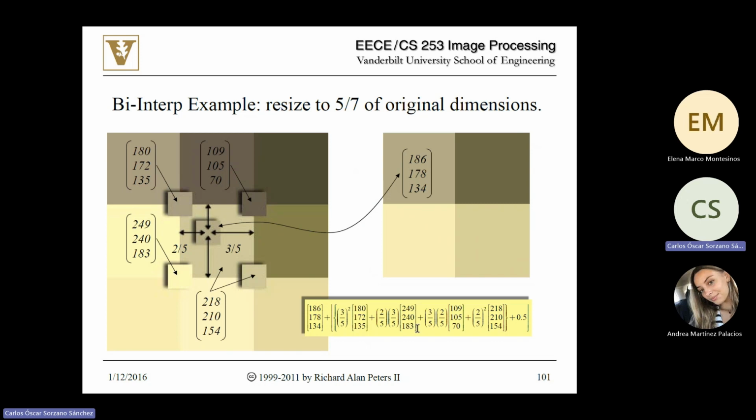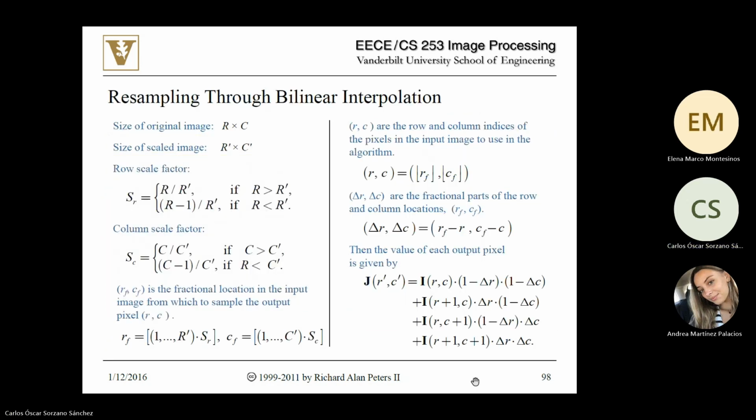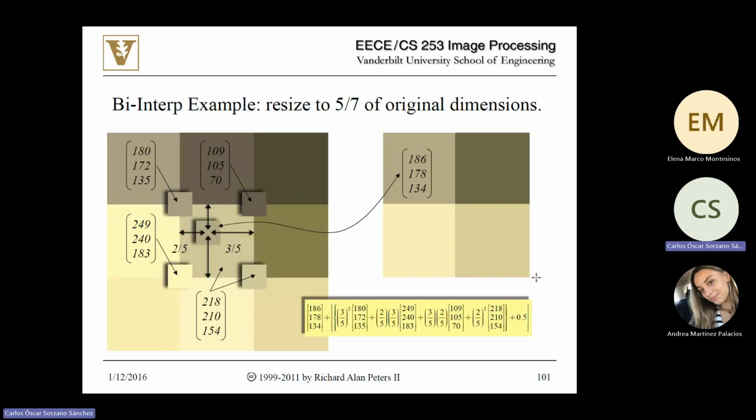So the value at that point would be, remember the formula: 1 minus delta R, 1 minus delta C. That means that you have to take this value and multiply it by this length.